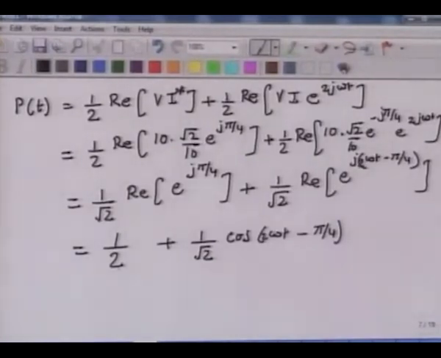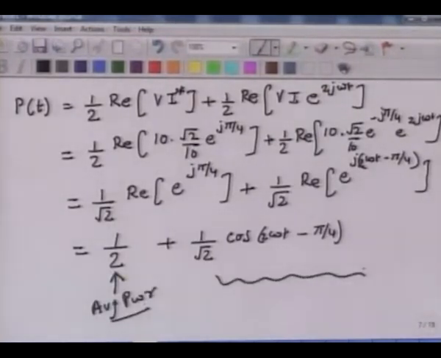So again, this is my average power, and this component of power is fluctuating, and there's a phase difference of pi over 4 here.